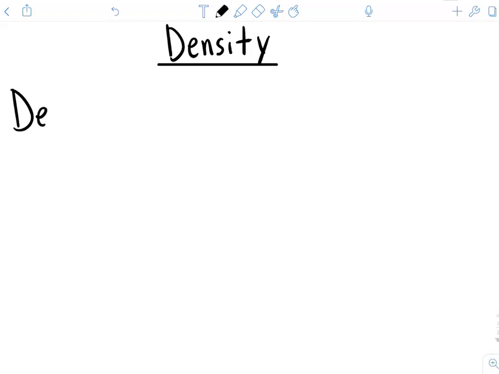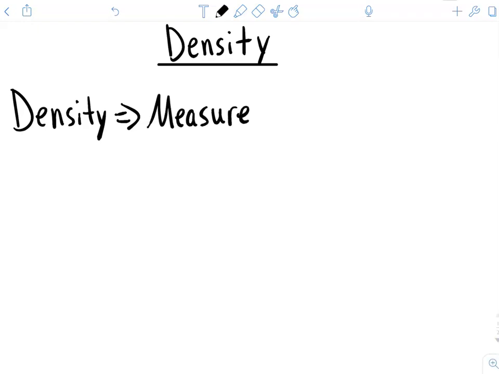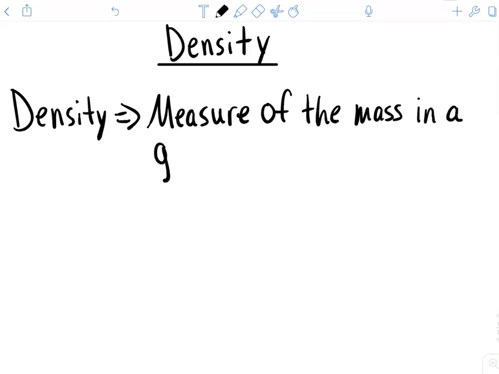So density is the measure of the mass in a given volume.